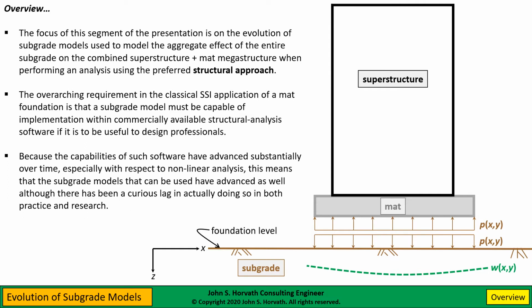Basically what I'm trying to say here is, why have we as geotechnical engineers developing subgrade models not kept up with the capabilities of structural analysis software? It can do all these things I talked about, linear analysis, shear effects, right? Why have we not made use of that?